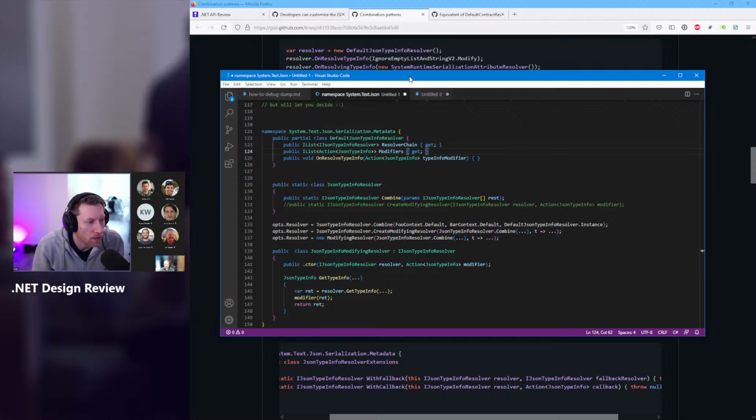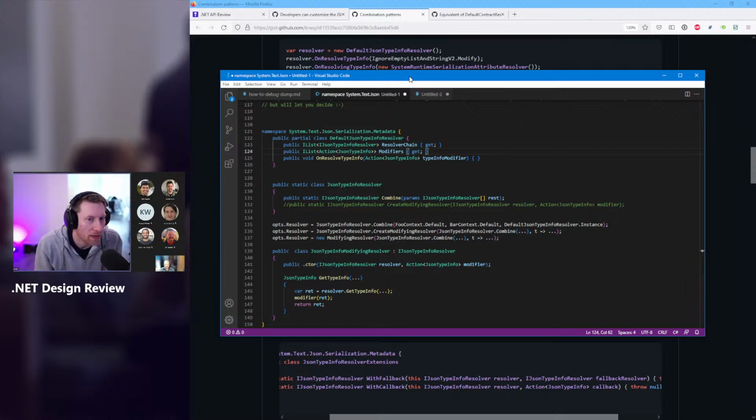I mean, another way you can solve this is by just saying what we have on screen right now. Basically, you have two properties where you can just chain stuff, and there's another property where you can modify stuff. And then we would just say, well, first we walk the chain to find a resolver that is not null. Once we found one, then we pass it through the modifiers. Anybody that wants to modify them does, and that's the end of that.